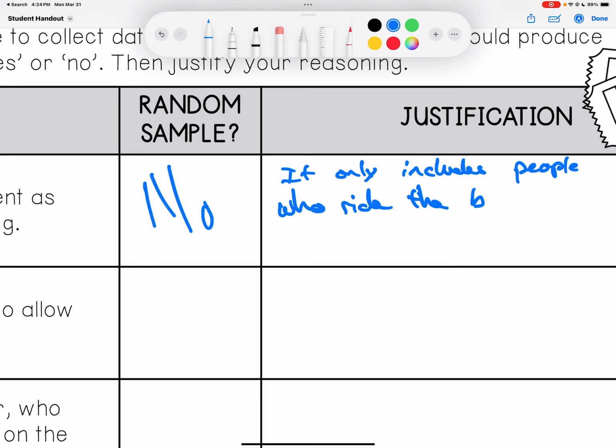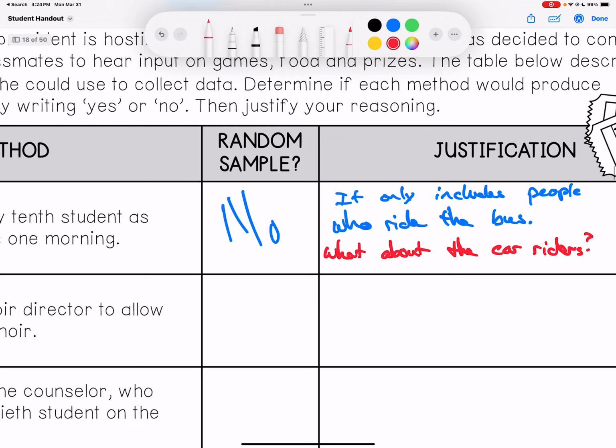What about the car riders? They weren't included, so it's not a random sample. Okay.